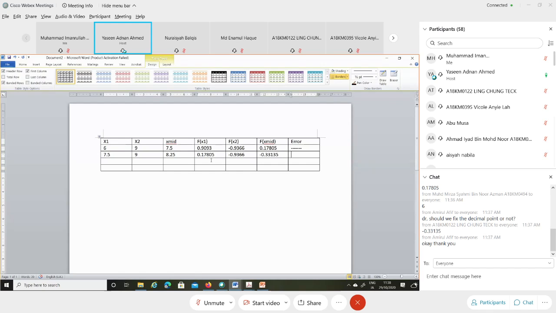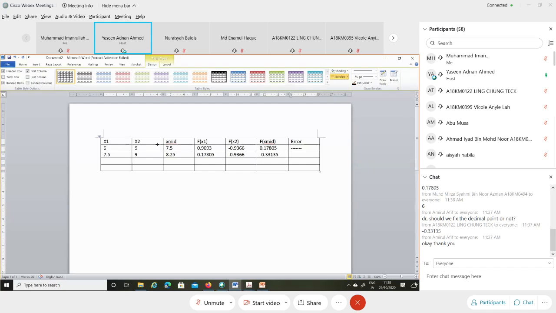Now you get the error. The error will be new, and new will be which one? 8.25, so 8.25 minus old. Which one is the old? 9 we already had before, right? So the old is this one. You have to consider the recent value, so 7.5. That's why I put in the video the recently shifted value that you got; you need to put that one.